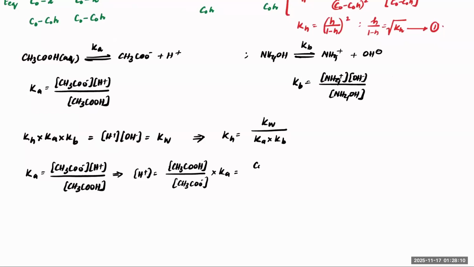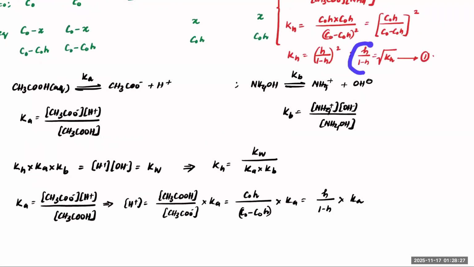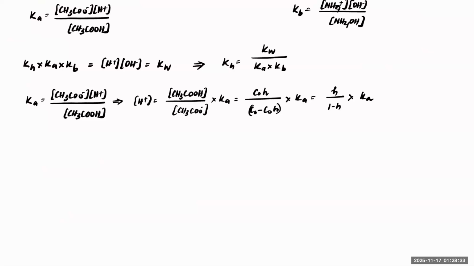So this is C naught into h divided by C naught minus C naught h, into Ka. So C naught will get cancelled. So what are we left with? h by 1 minus h into Ka. Do you realize we have got this value before? h by 1 minus h can be written as under root of KH.